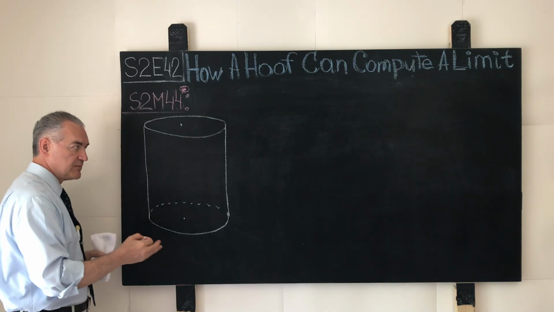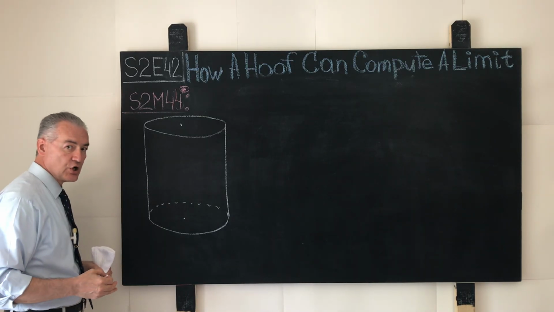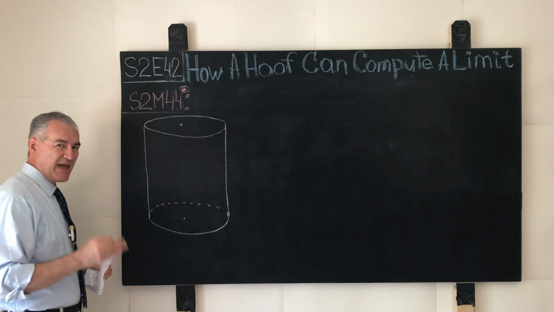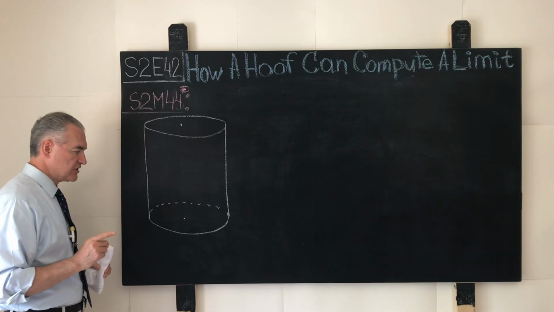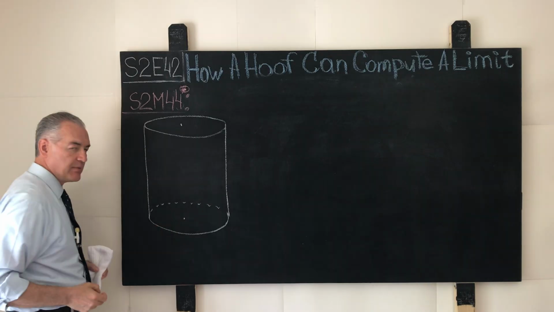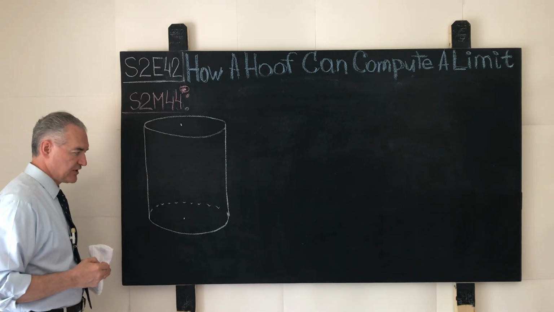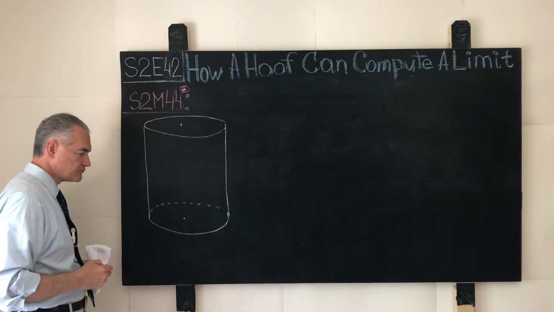It doesn't matter, but the characteristic feature of the hoof of Archimedes is the following. We cut this right circular cylinder with a plane that passes precisely through one of the diameters of, let's say, the base face or circular base face of this right circular cylinder.